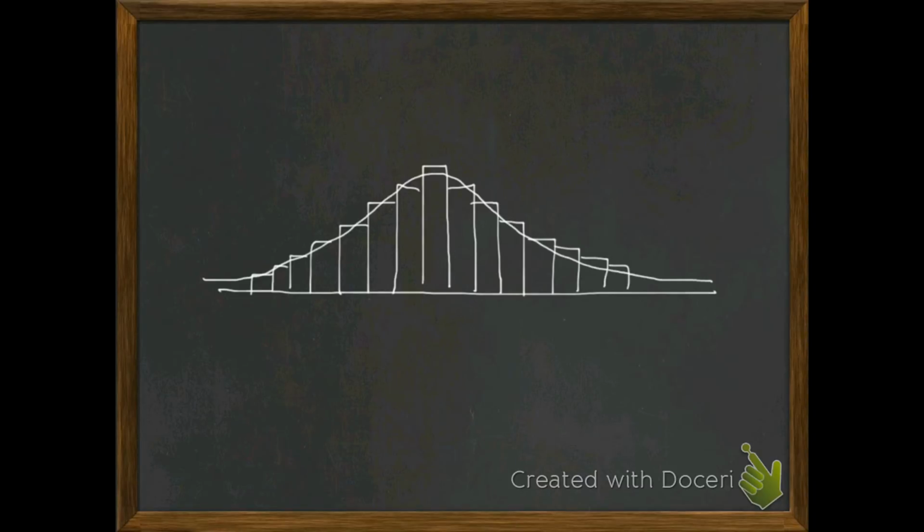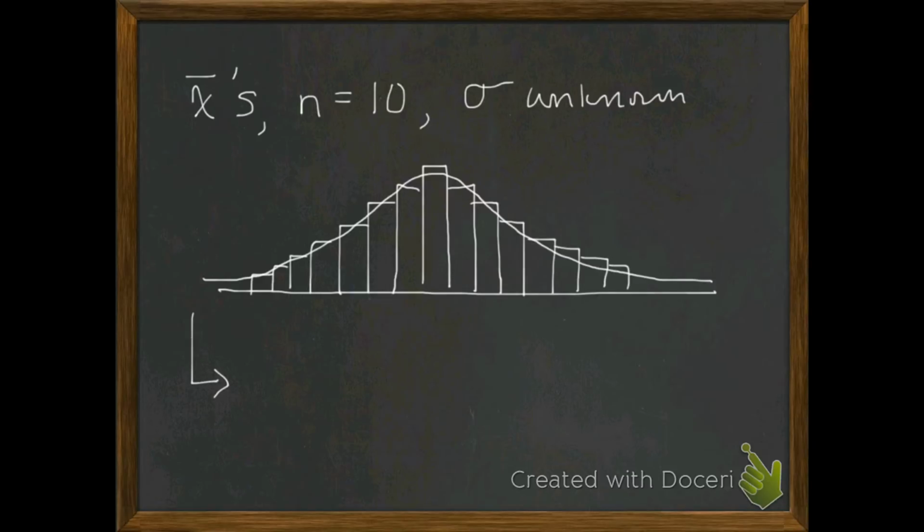And theory tells us when we have the distribution of sample means, size n equal 10, with sigma unknown, that this distribution will follow what we call the t-distribution, with degrees of freedom.